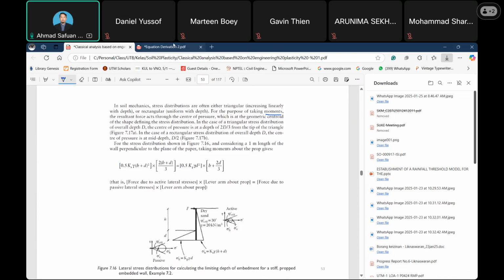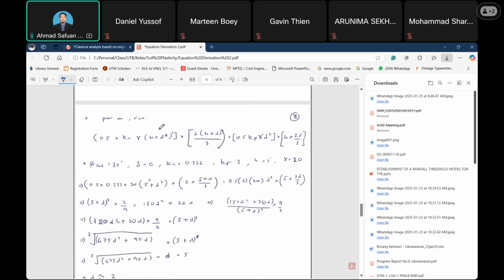For every 1 meter, that is the load applied on the retaining wall or to the soil.